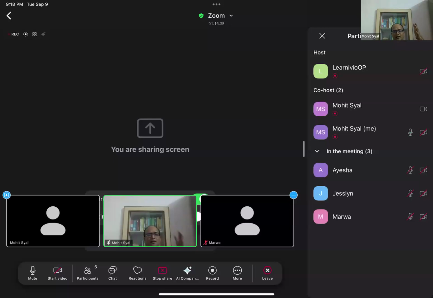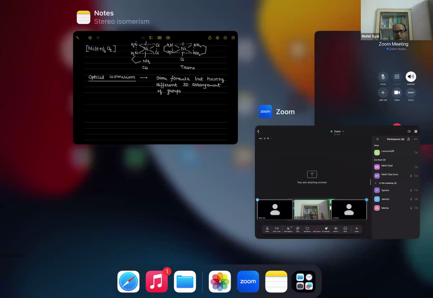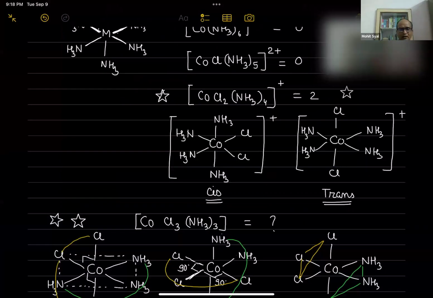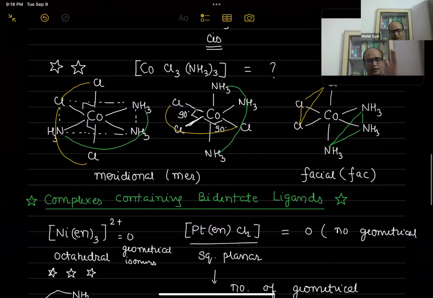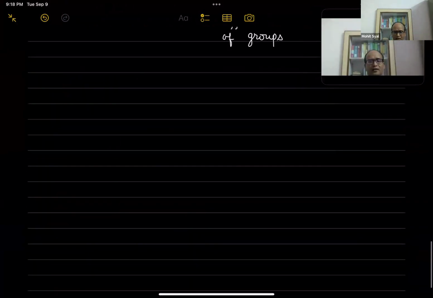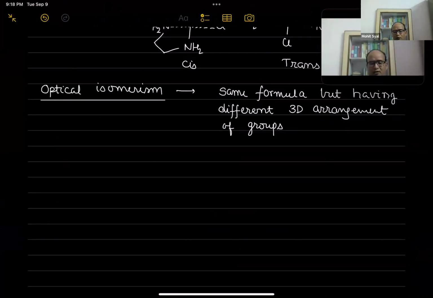Is that clear to everyone? And this plane polarized light is generated in a polarimeter, which is used to measure whether a compound is optically active or not.